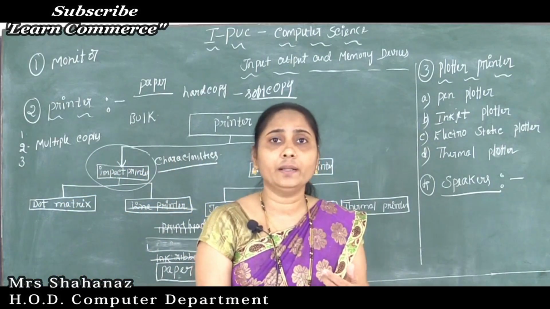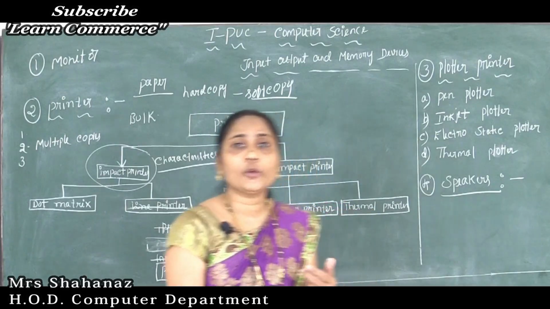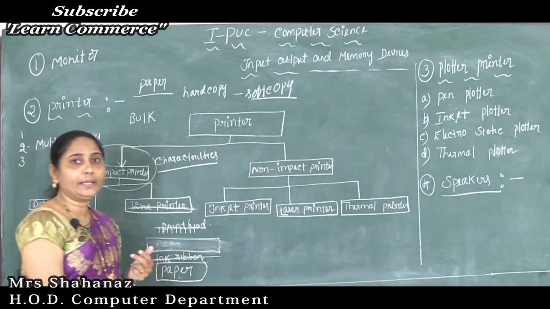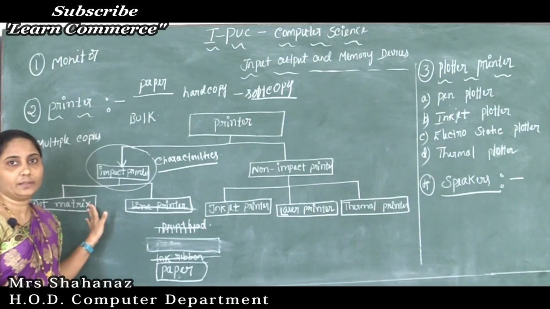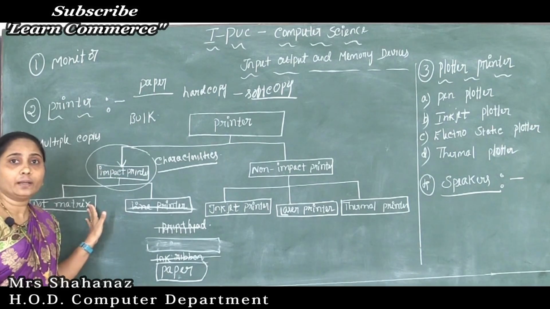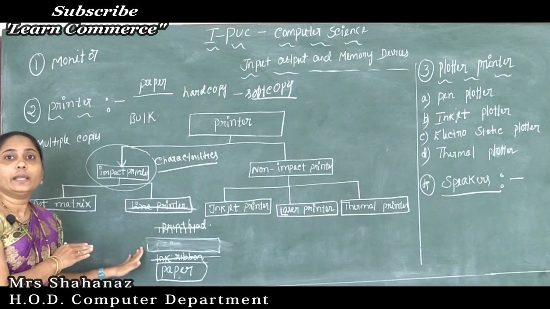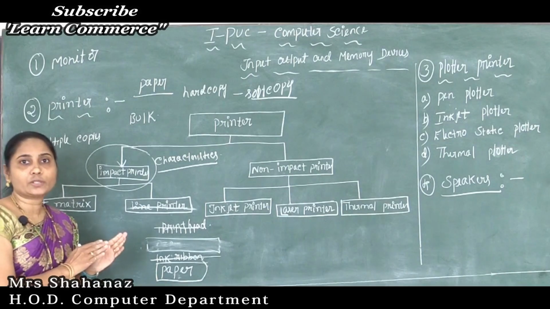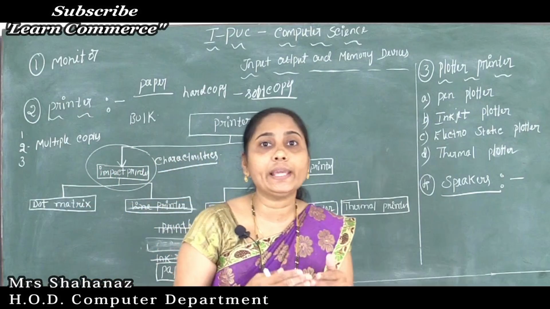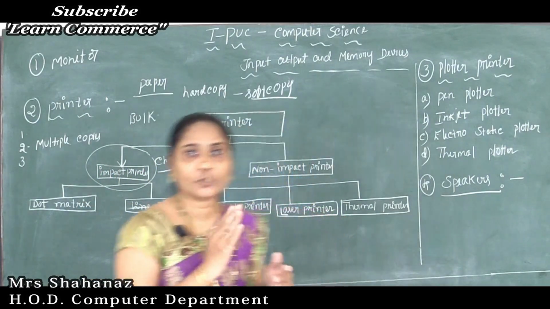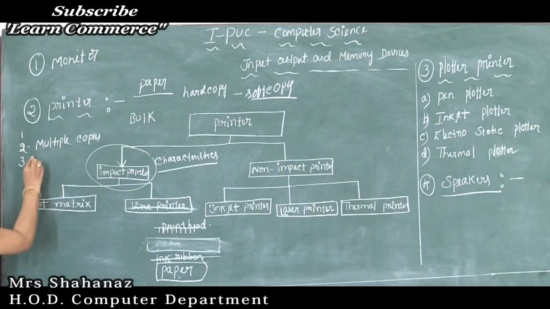I already said that to produce an image we need the print head, paper and the ink ribbon. The print head strikes the ink ribbon to produce the image, correct? So due to its striking activity, impact printers are very noisy. Clear this point.